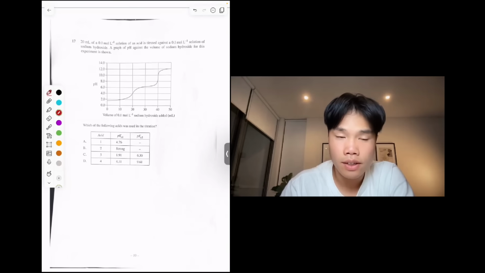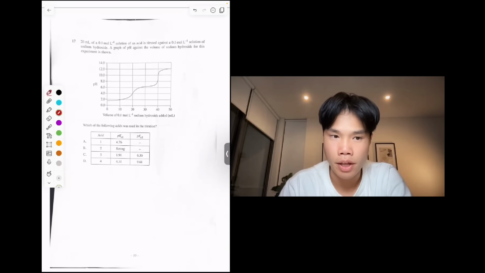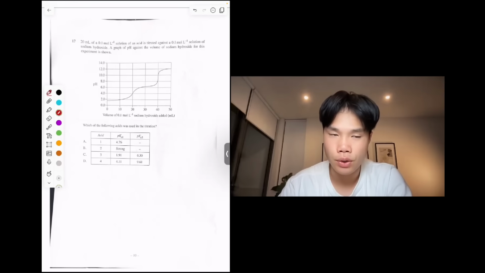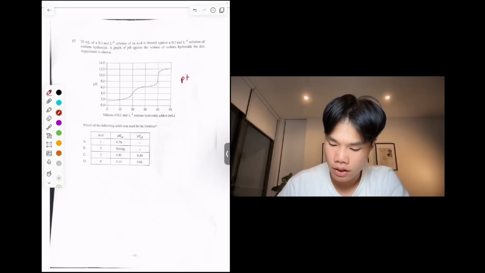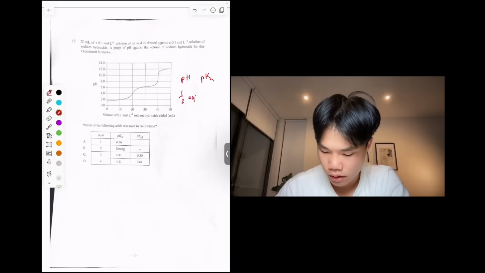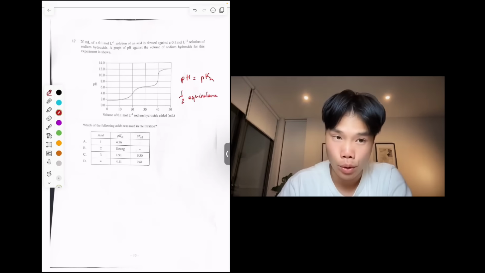Okay, so 17, there's an easy way if you know a hack, and otherwise there's a longer way that you have to prove mathematically. The easy way is if you had done a depth study during the year which looked at the relationship between pH and pKa through the lens of the Henderson-Hasselbalch equation, you would have known that at half equivalence, pH is actually equal to pKa.